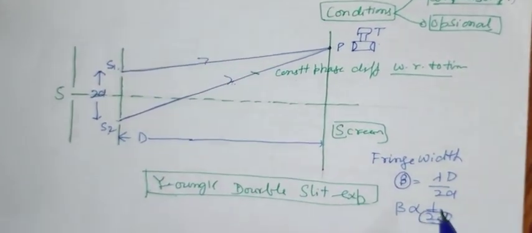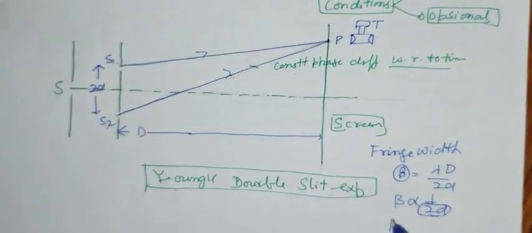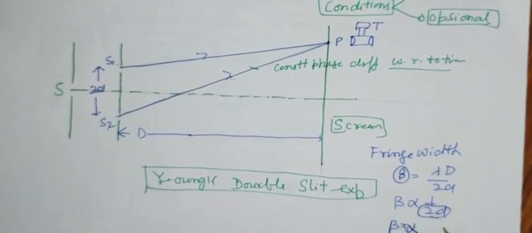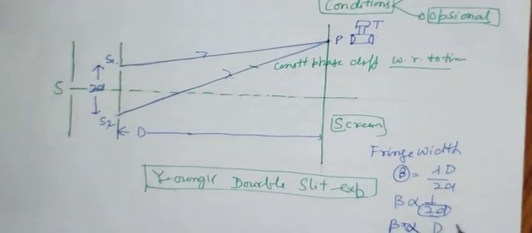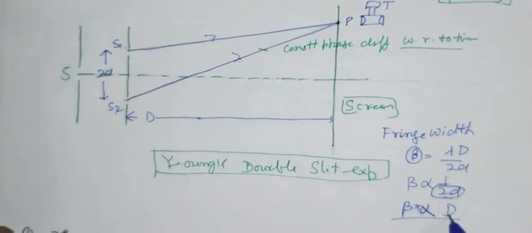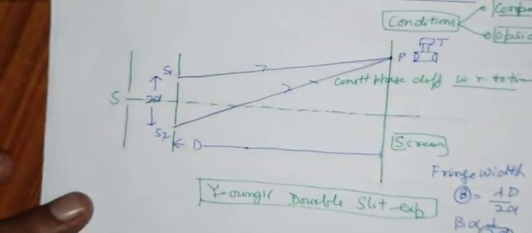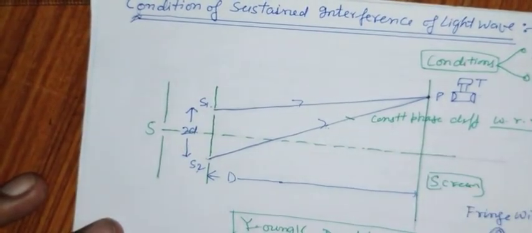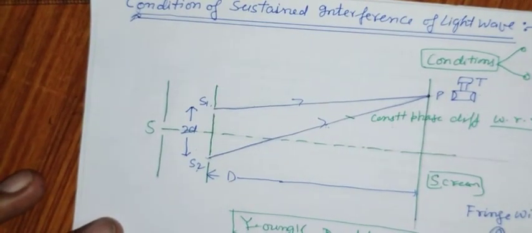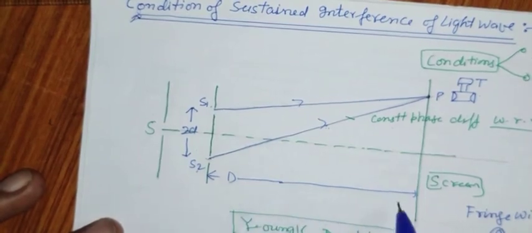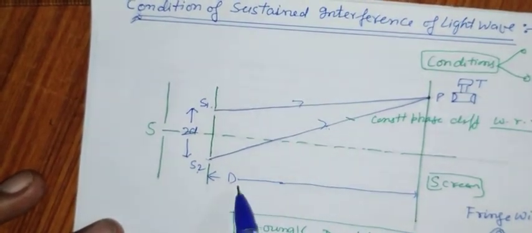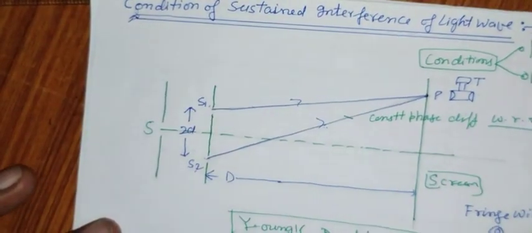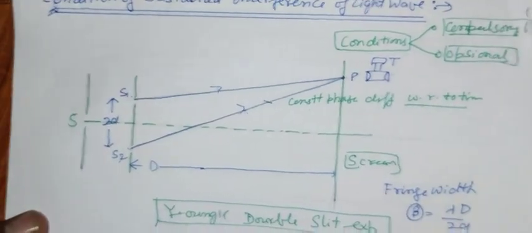Now, in this formula, the fringe width beta is directly proportional to capital D. Large D gives large width. But when we keep it too far away, the intensity of the fringes will be very small. So capital D must be kept large, but sufficiently large, in such a way that the fringes formed on the screen have proper intensity.